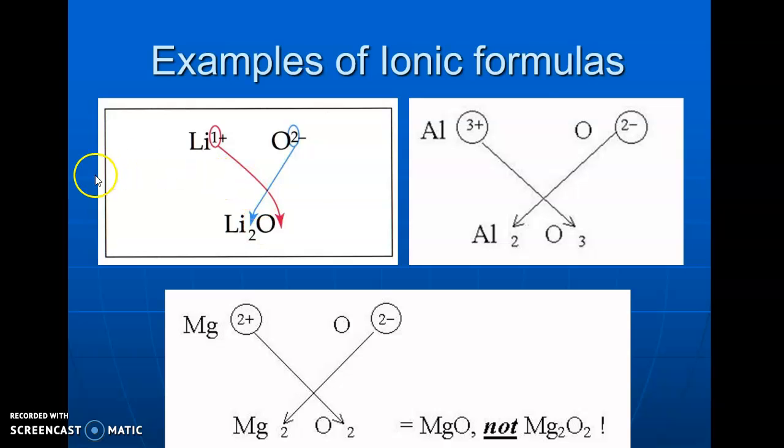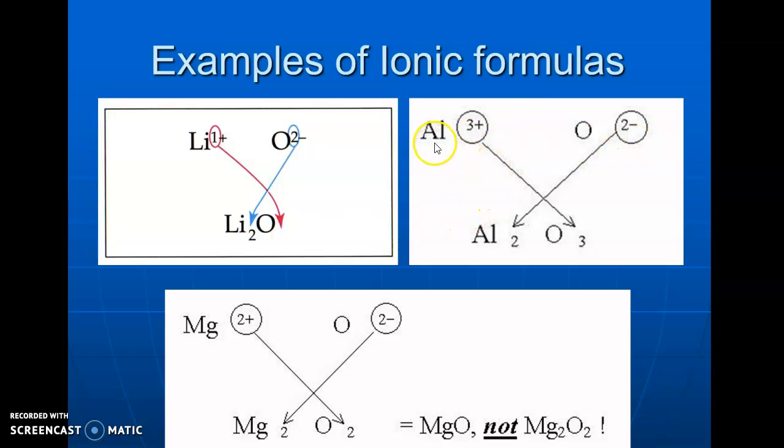Now, if you think about why that works, we'd have 2 +1 lithium ions balancing 1 -2. So a +2 and a -2, which of course when they add together would give us a total of 0 charge. Ionic compounds are always neutral.